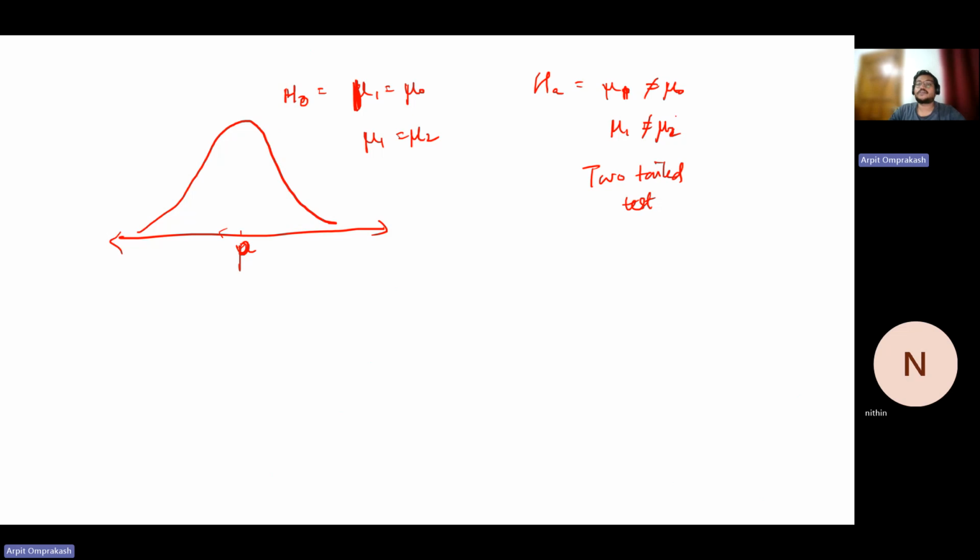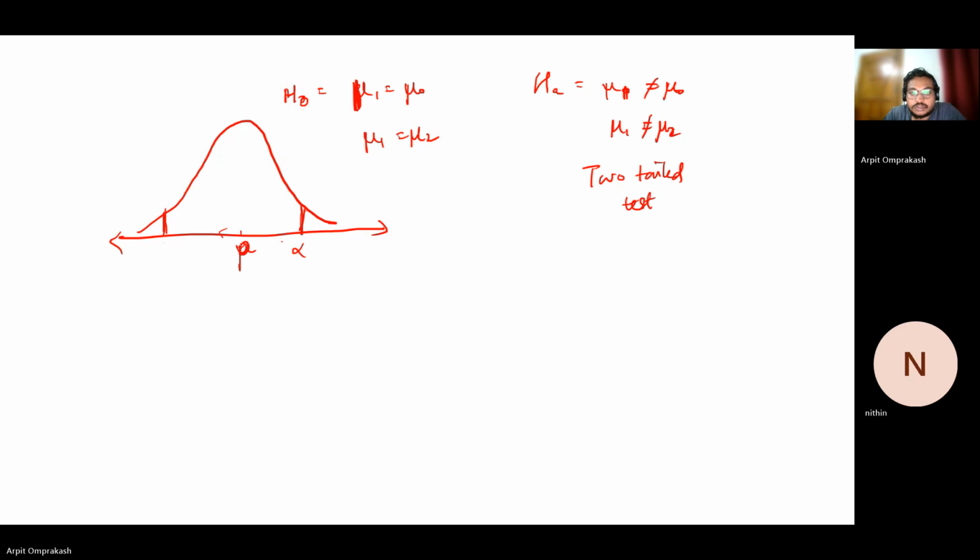So in a two-tailed test, we have these kinds of alternative hypotheses where we are implying that mu1 is not equal to mu0, or mu1 is not equal to mu2. And in a two-tailed test, our null hypothesis can be rejected if our value goes beyond certain critical points, which are called alpha values, right?